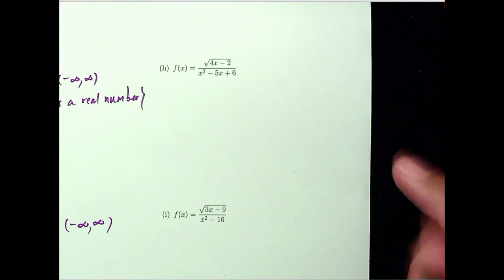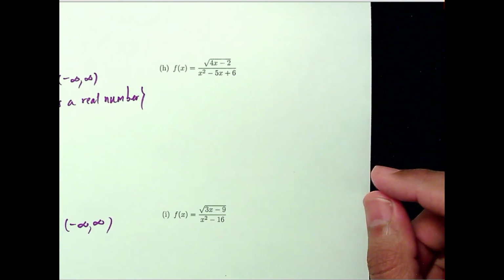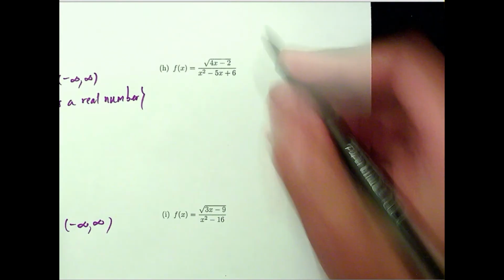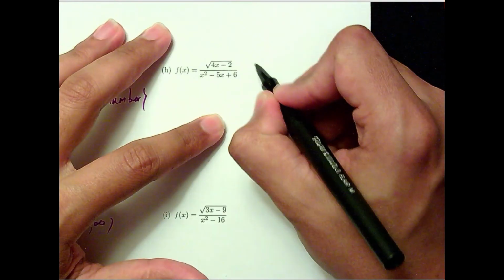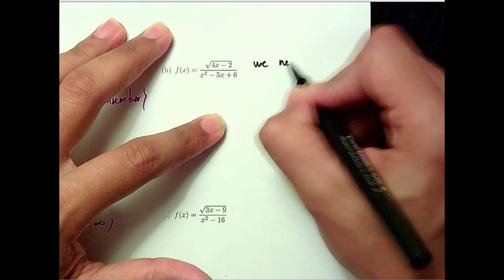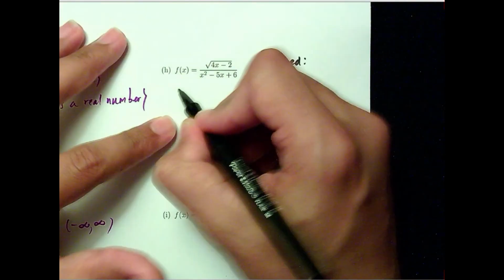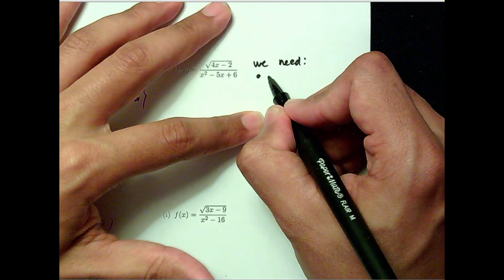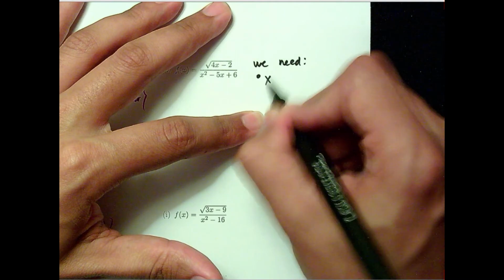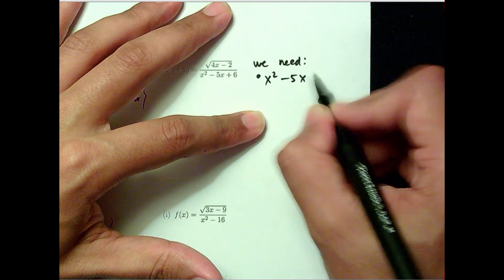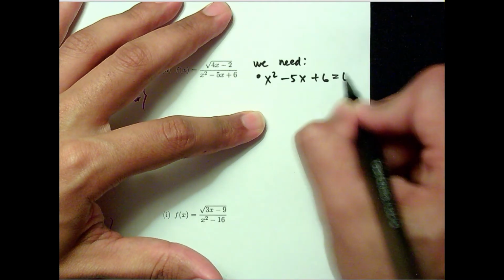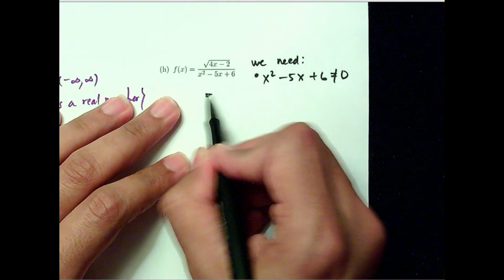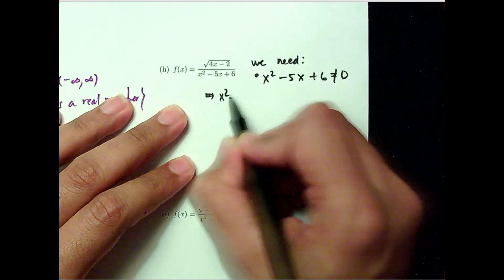Both bullet points apply, and this is the first one we're doing for which both apply. For the first bullet point, the bottom is not 0. So x squared minus 5x plus 6 cannot be 0. So you set it equal to 0, and then you solve that.